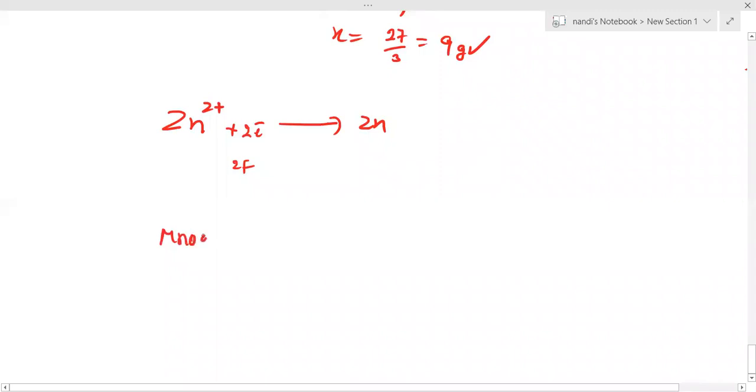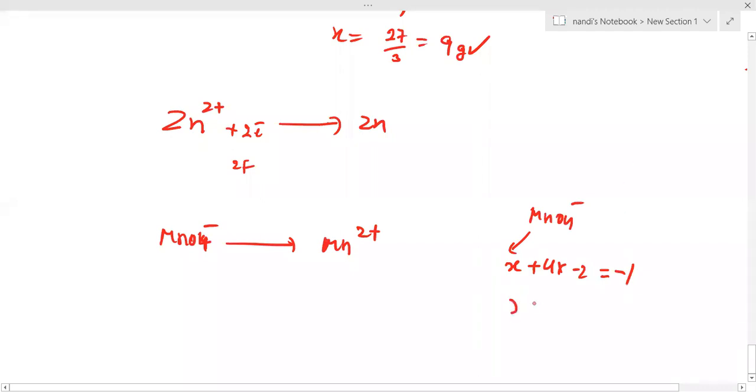MnO4 minus gives rise to Mn2 plus. Here Mn is in the plus 7 oxidation state. Mn is X, you can assume, plus oxygen 4 into minus 2 equals minus 1 because the charge is minus 1, sir. So X equals plus 7 by solving this. Here manganese's oxidation number is plus 7, and here plus 2.